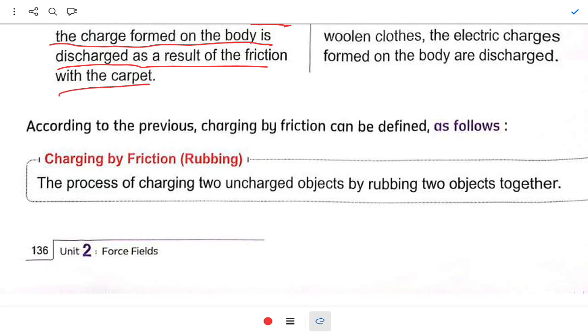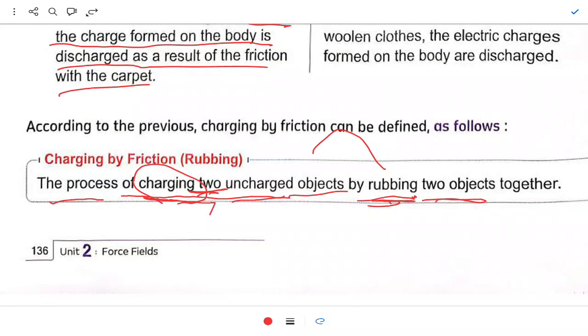This is the process of charging two uncharged objects by rubbing or friction these two objects together. Rubbing two objects together will cause the charging of both of them.